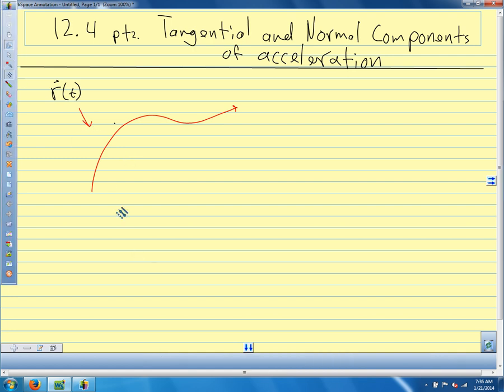We said our velocity was tangent to the curve, and we could use that to find a unit vector tangent to the curve. And then we came up with the process of finding a normal vector from the tangent vector, and we said the normal vector always pointed towards the concave side of the curve.